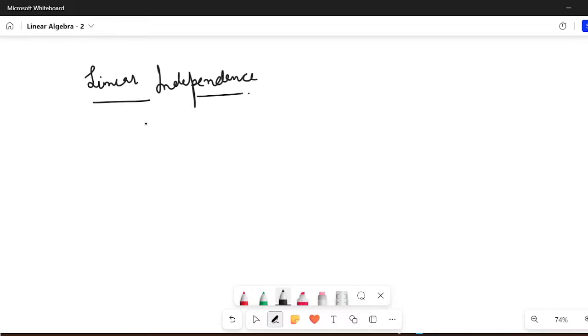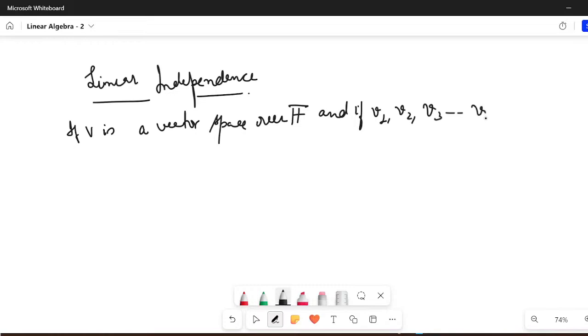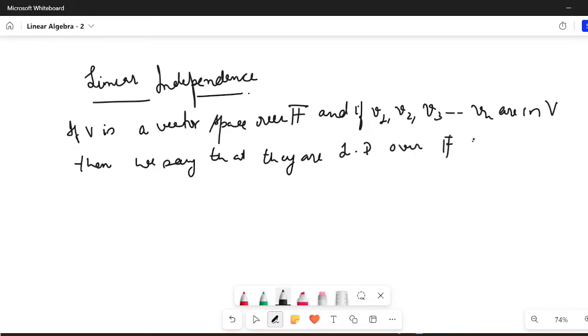If V is a vector space over a field F, and if v1, v2, v3, ..., vn are in V, then we say that they are linearly dependent over field F if there exist alpha 1, alpha 2, ..., alpha n belonging to field F such that alpha 1 v1 plus alpha 2 v2 plus ... plus alpha n vn is equal to 0.